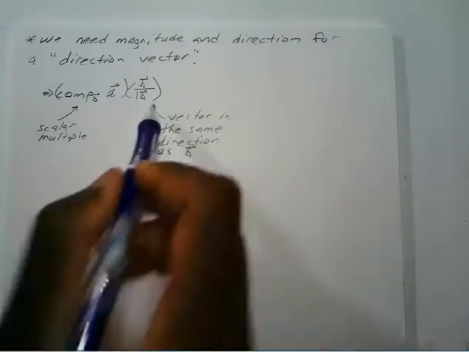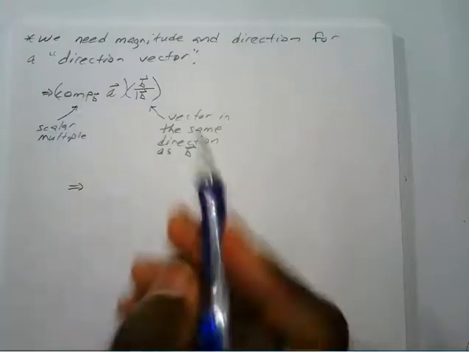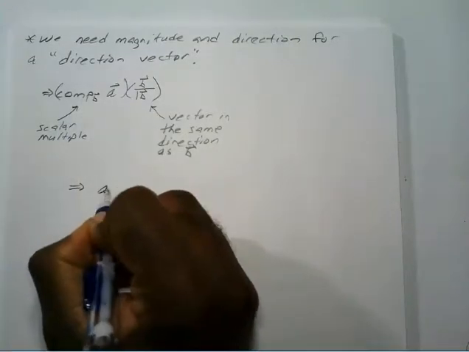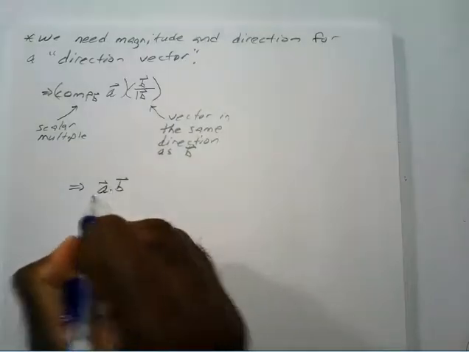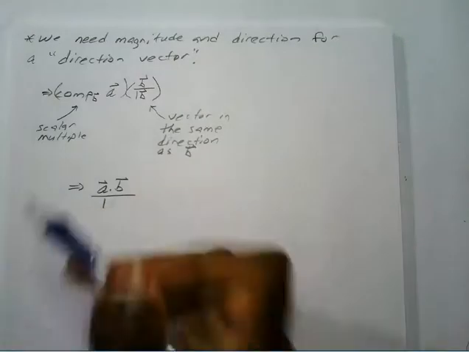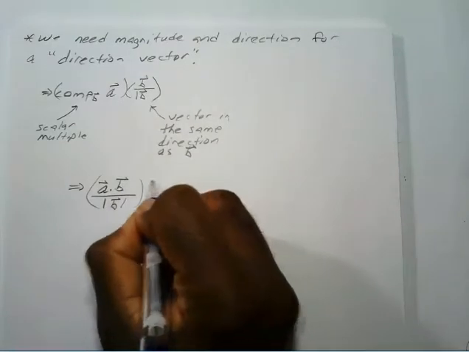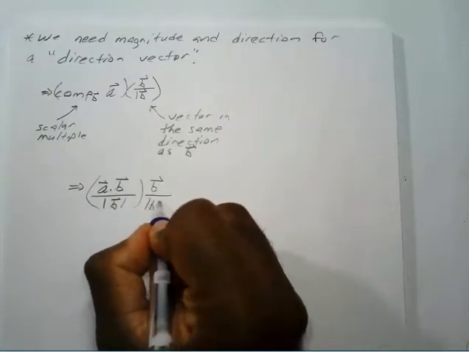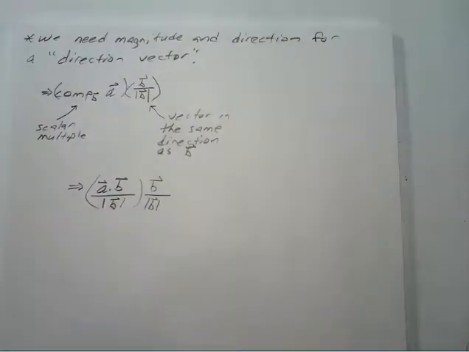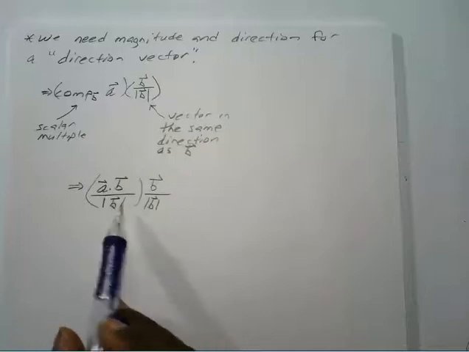Okay, so really all this simplifies to, since we figured out our component on the previous page, the dot product of A and B over the magnitude of B, times vector B over the magnitude of B. Now what if we multiply these two together, just for simplicity?